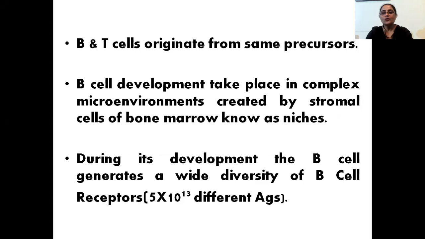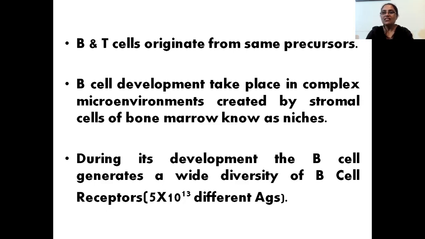Morphologically, these two are not very different from each other, and these cells originate from the same precursors. But B cell development takes place in complex microenvironments created by stromal cells of bone marrow, which are known as niches.